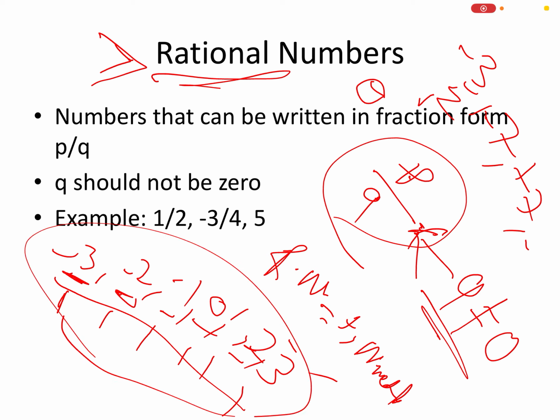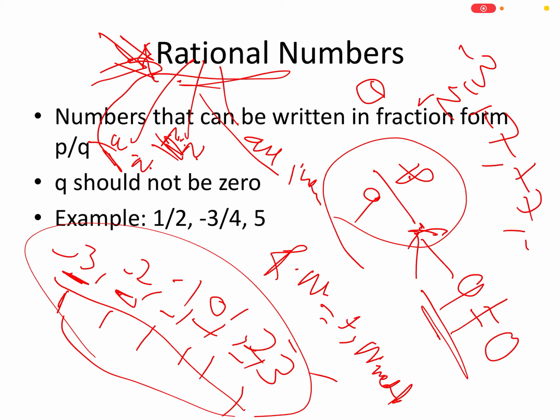All whole numbers are rational numbers. Not all rational numbers are whole or natural, but you can say all natural numbers are rational, all whole numbers are rational. All integers are also rational.